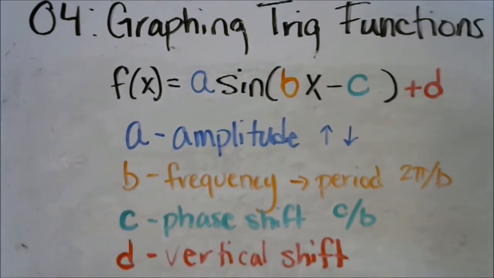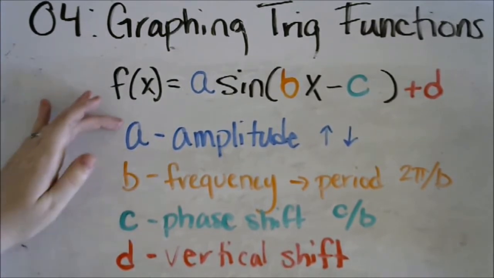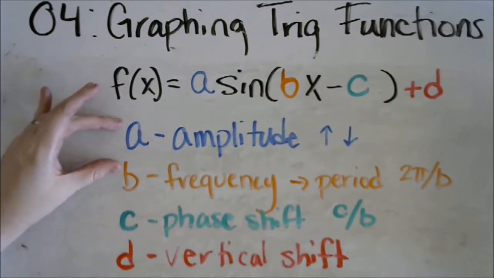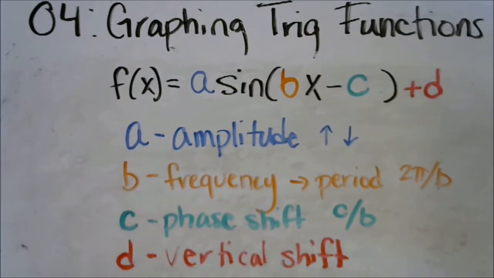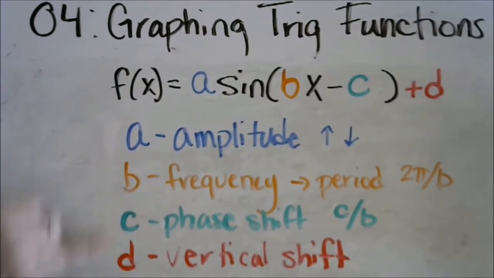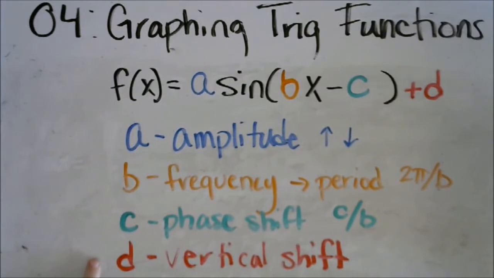Now, in our rubric for our class, a student who approaches this standard will be able to graph functions that include both amplitude and frequency, but may not necessarily understand phase shift and vertical shift. In order to meet this objective, you must be able to sketch, both by hand and with technology, a periodic function involving all four types of transformations.